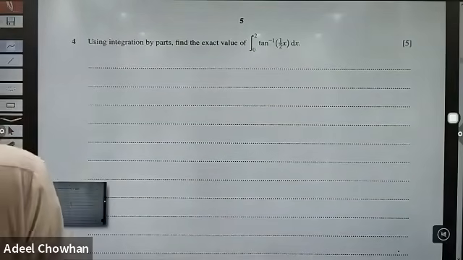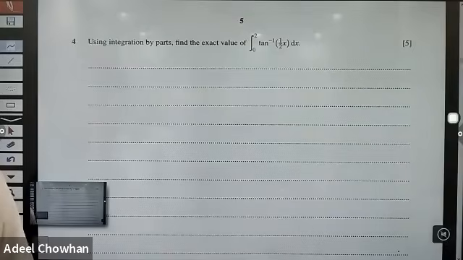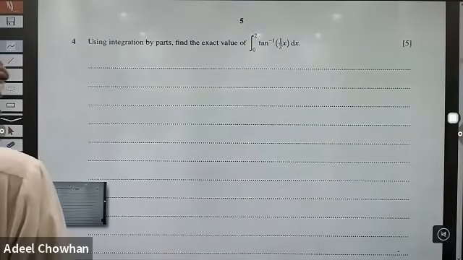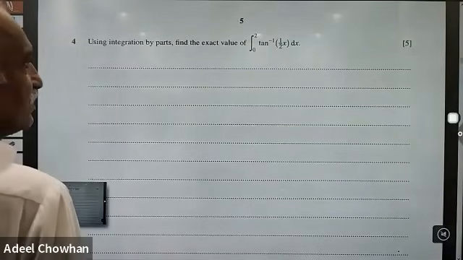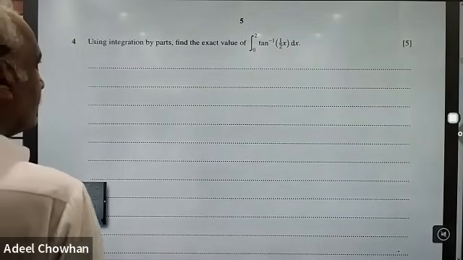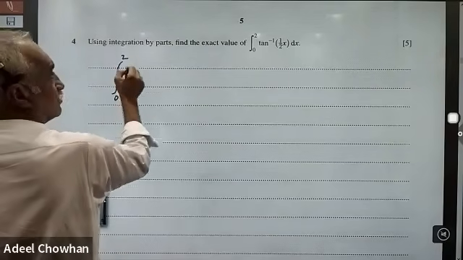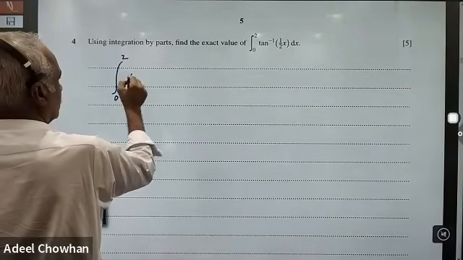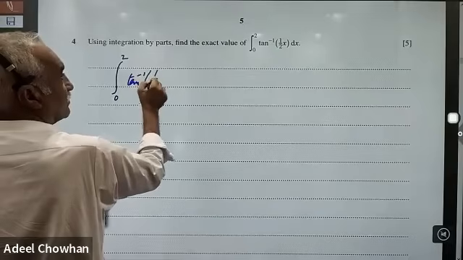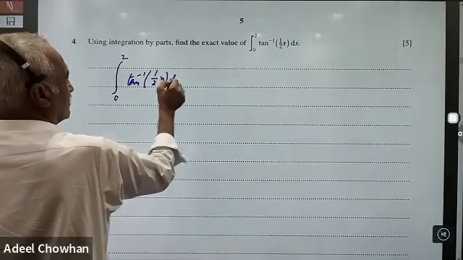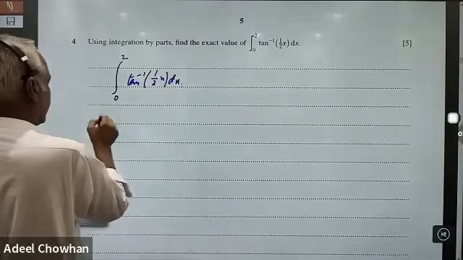Now, using integration by parts, find the exact value of the integral from 0 to 2 of tangent inverse of half x dx.